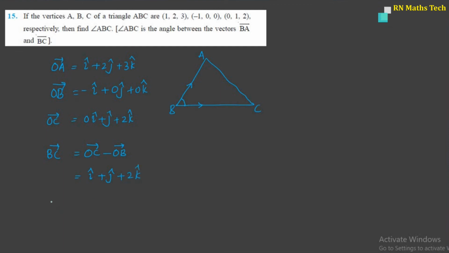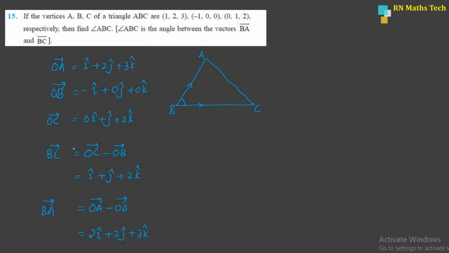Then vector BA is equal to OA minus OB. OA minus OB is i minus i, 2i, 2j minus 0j plus 2j, plus 3k.